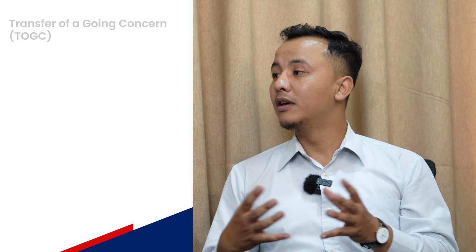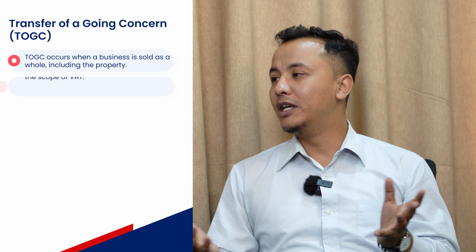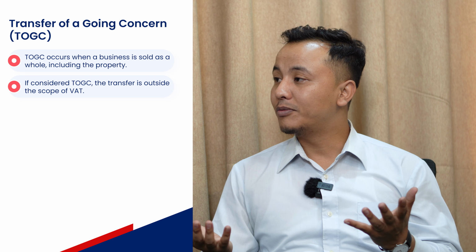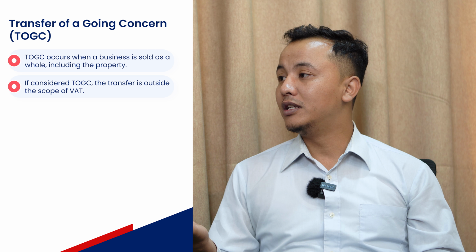How this concept comes into play with commercial property is this: if I carry out a business of renting a commercial property, or I use a commercial property for my business, and I intend to sell my business as a whole to a potential buyer, not just the commercial property, and my transfer is considered a transfer of a business overall, then the transfer of all my assets would be outside the scope of VAT. So the commercial property where there is already option to tax, like you mentioned earlier, won't have any VAT implication on it.